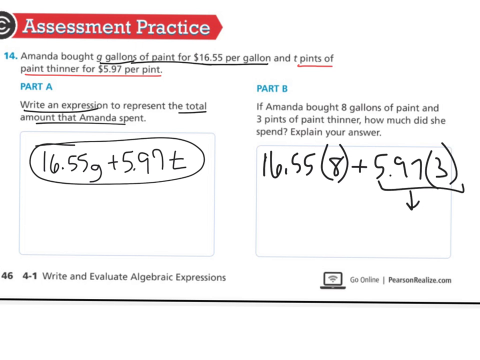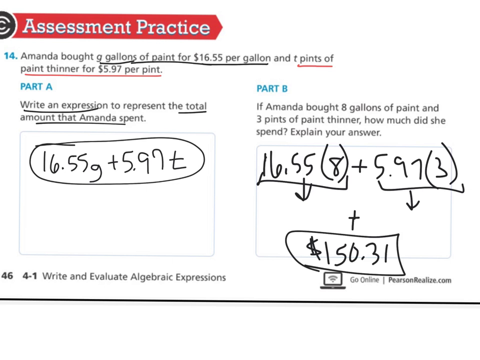Once again, we would need to do the multiplication parts here first before we add those together. And when you work that out, that is $150.31. So this gives you an idea of how to write and evaluate algebraic expressions.